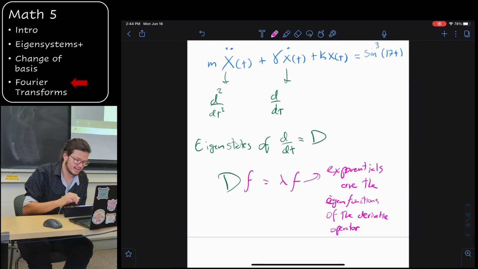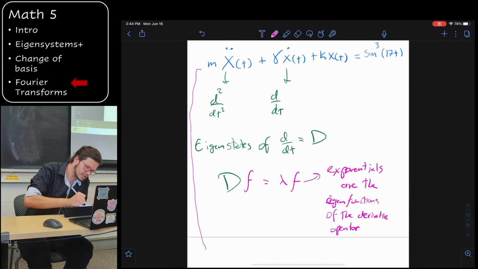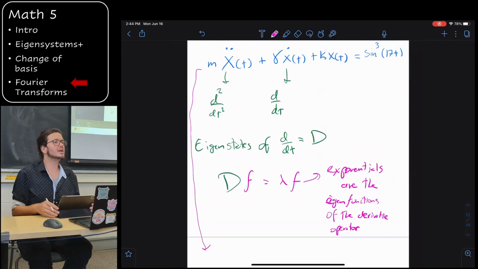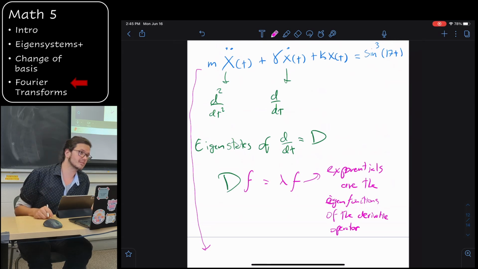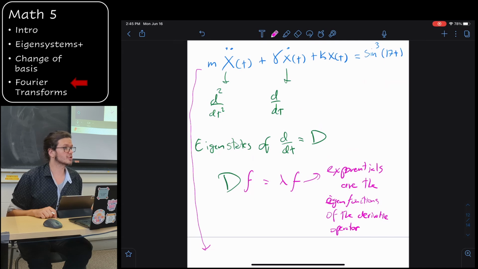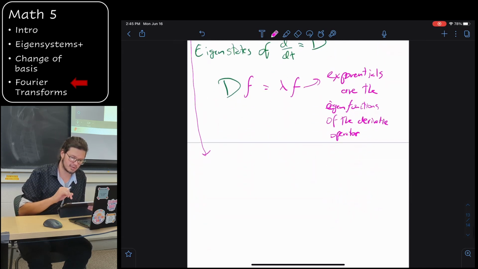That means that this very complicated equation, if I were to rewrite it in the basis of eigenstates of my derivative operator, might look much simpler. Let's do that. And after that, we play with the cuatro.